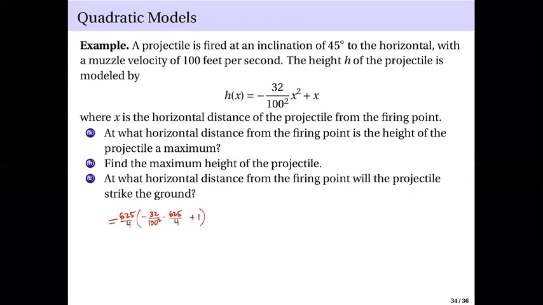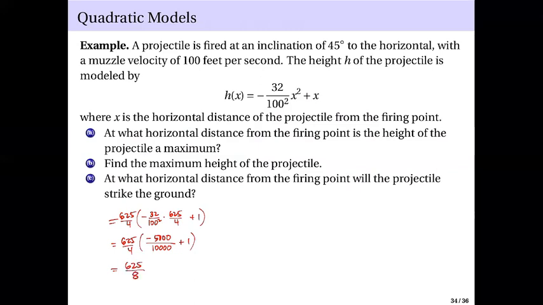In here, you have 625 over 4 times negative 5,000 over 10,000. 100 squared is 10,000, and the numerator is 5,000, so this guy here is just 1/2. Then you have your plus 1 here. So negative 1/2 plus 1 is 1/2. So 625 over 4 times 1/2 gives you 625 over 8.